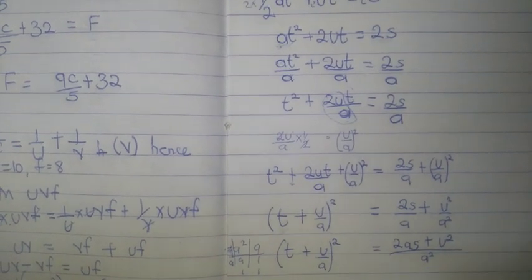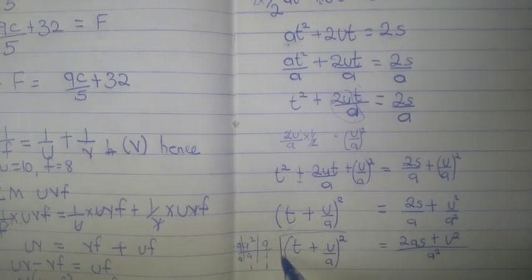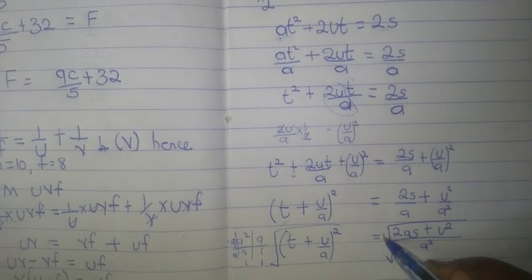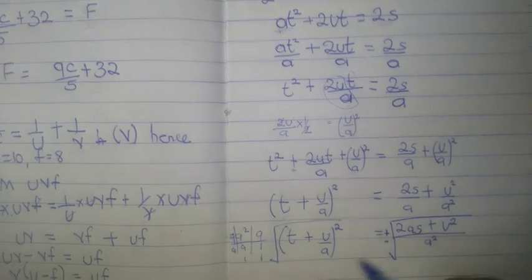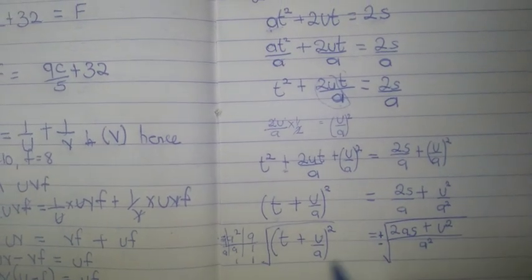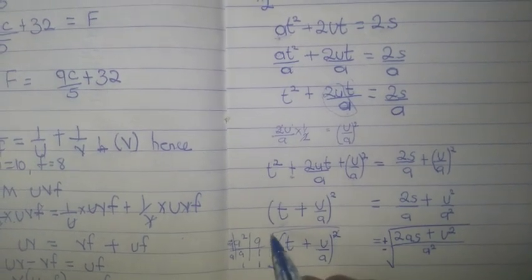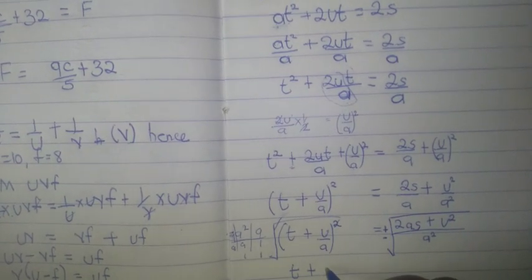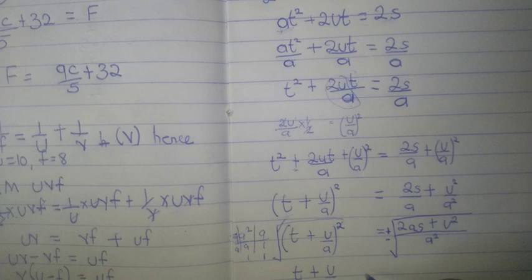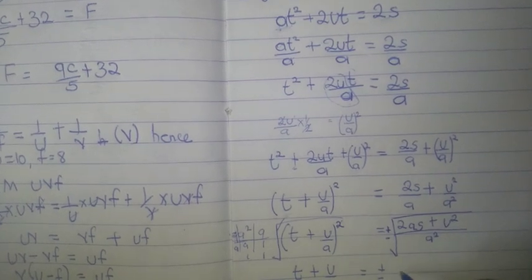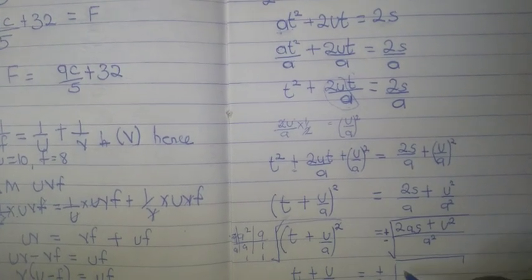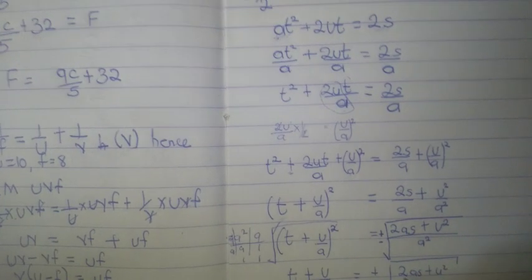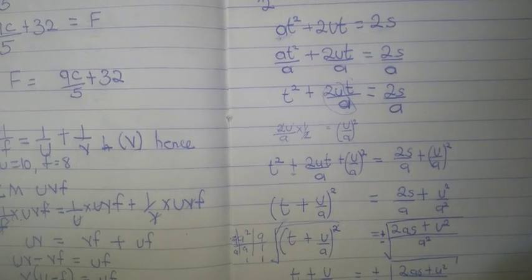You remember here, this is still t plus u over a, but it is still bound in a square. So we said for us to remove the square on both sides, we shall get a square root. Even here we get a square root, but with a square root, the result is either positive or negative. So here simply the square will cancel out with the square root. We remain with t plus u over a. This will equal to plus or minus root of 2as plus u squared over a squared.